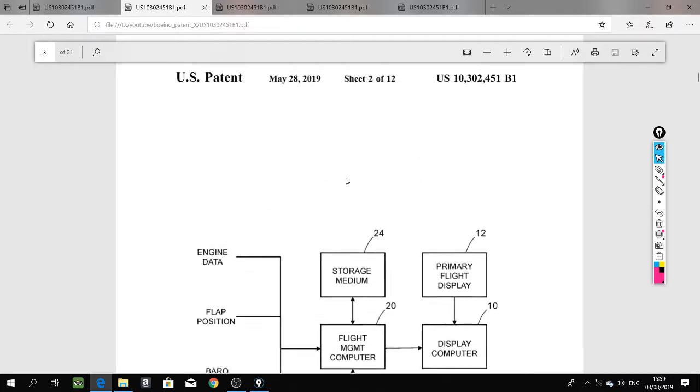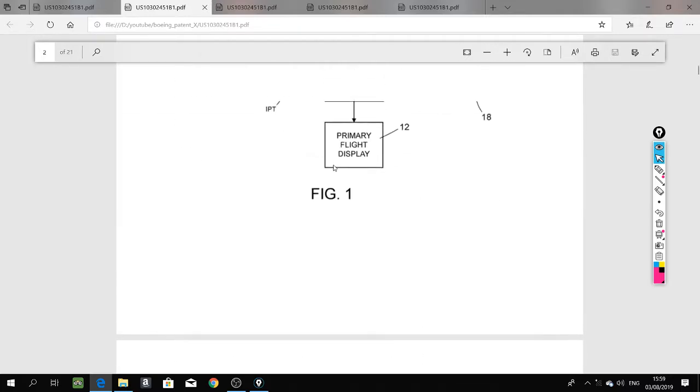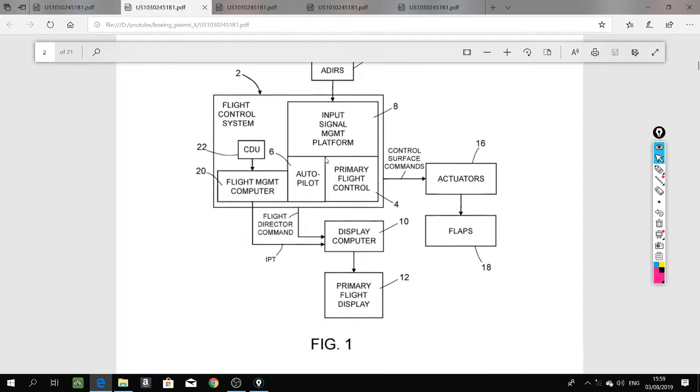So now I will change the theme of this presentation a little bit and talk very briefly about my own opinion on the 737 MAX crashes which happened mostly after takeoff, the Ethiopian and the Lion Air crash.